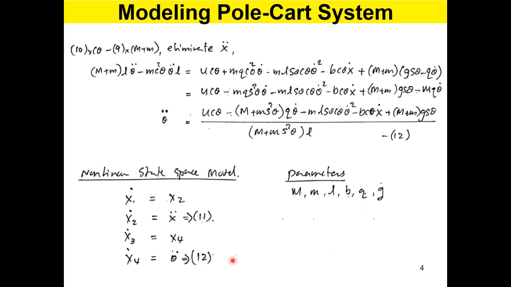That is theta dot. Then when you write down the state space model, on the left is the rate of change of the state variable, right? x1 dot, x2 dot, x3 dot, x4 dot. Okay.